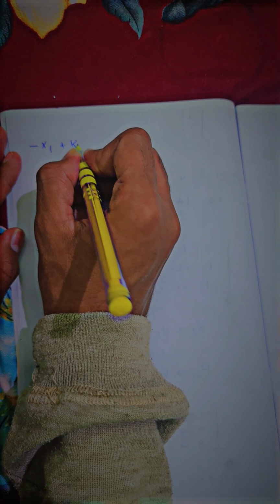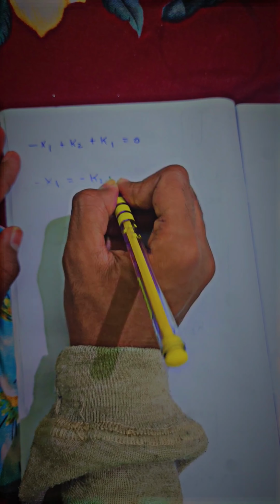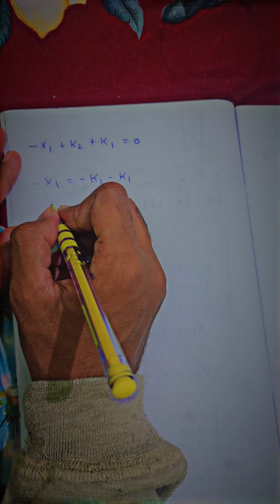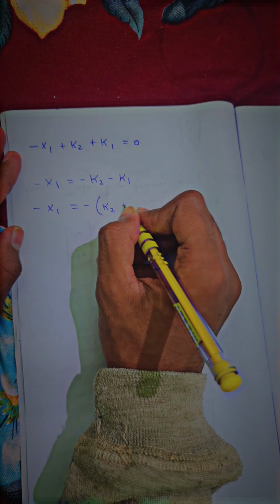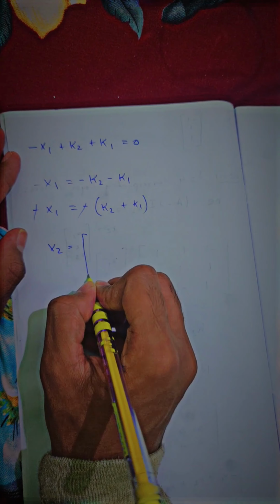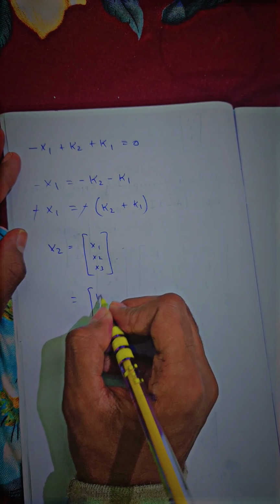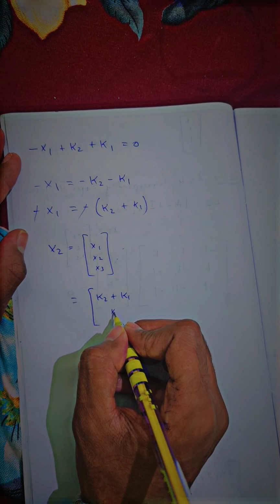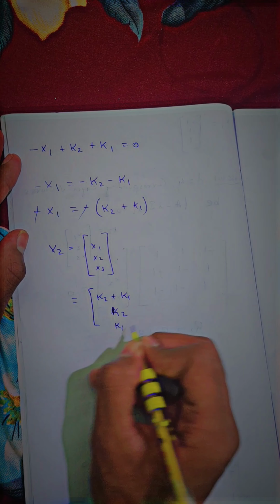So equation 1 becomes minus x1 plus k2 plus k1 is equal to 0. Sending this outside, minus x1 is equal to minus k2 minus k1, so x1 is equal to k2 plus k1. Therefore x is equal to x1 x2 x3. So what is x1 here? k2 plus k1, x2 is k2, and what is x3? k1.